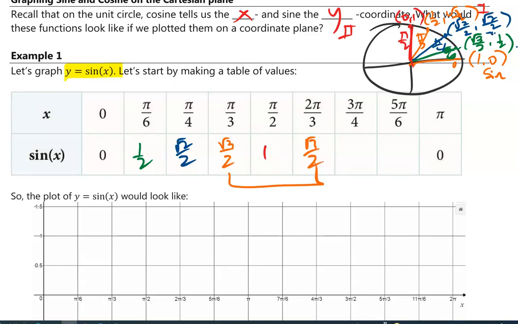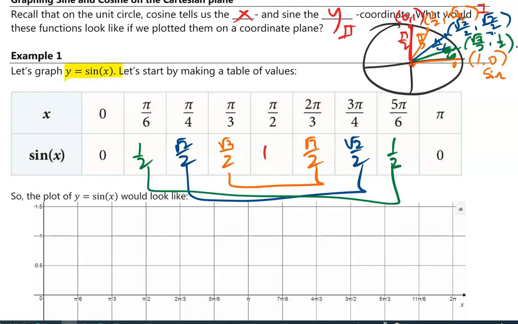Then 3 pi over 4 is the same as pi over 4, so square root of 2 over 2. And 5 pi over 6, yes, that is also 1/2. That's why our pi, this is a pi here, negative 1, 0. So that's why the y coordinate of pi is also 0.